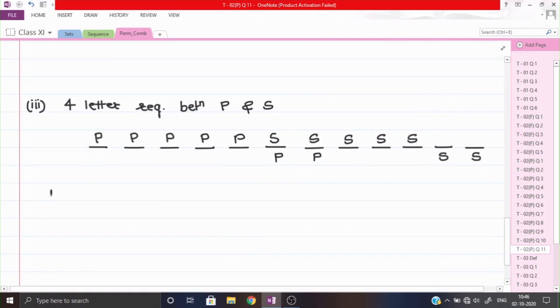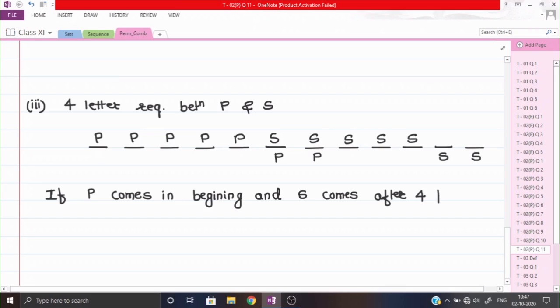Now we can say that if P comes in the beginning and S comes after 4 places, then this we can arrange.